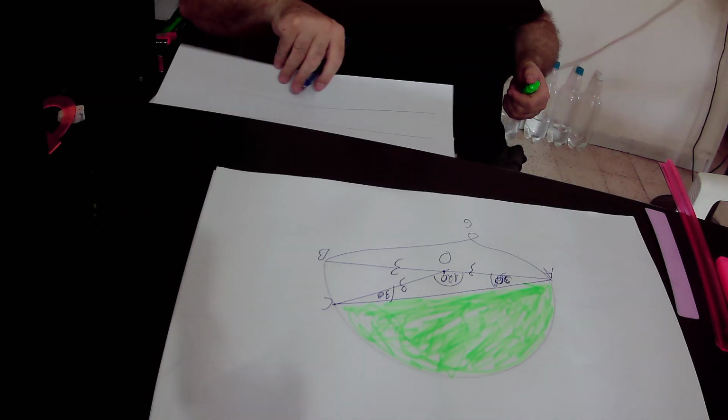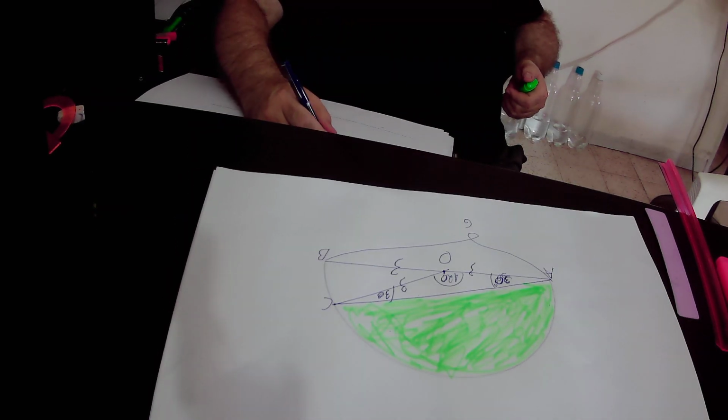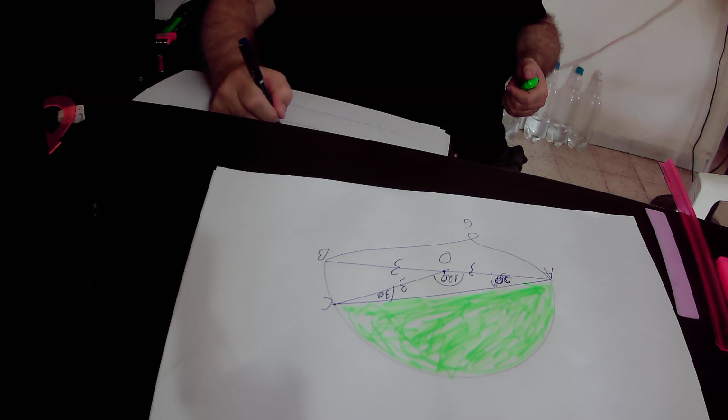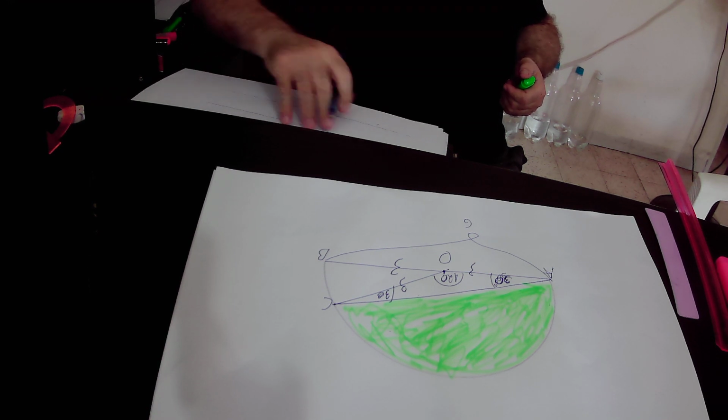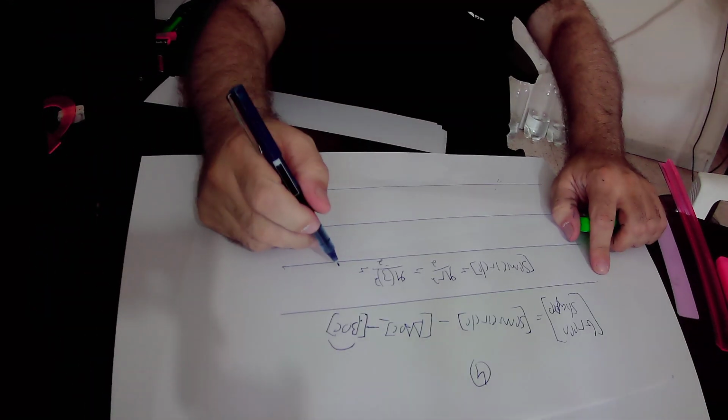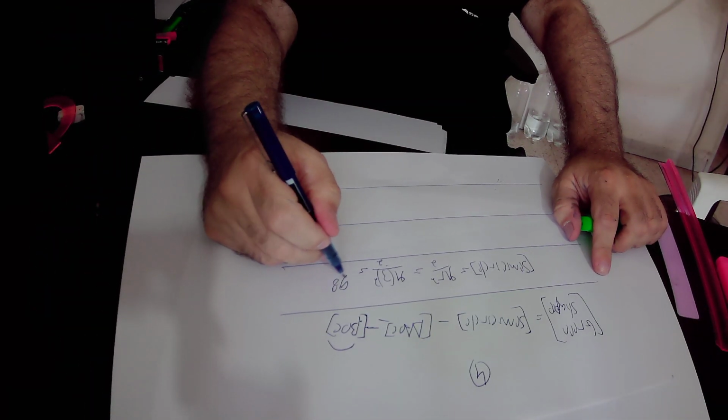What is the area of the semicircle? The area of the semicircle equals the area of the circle over 2. That is to say, it will be equal to pi r squared over 2. r equals 3, therefore it is pi times 3 squared over 2. 3 squared is 9. So in total, this expression equals 9 pi over 2.